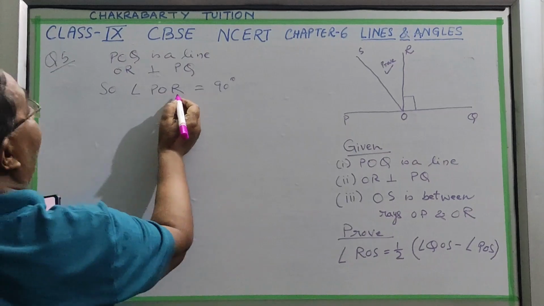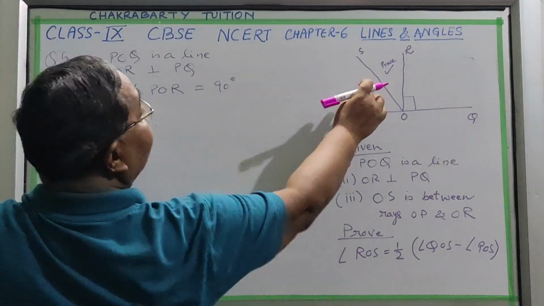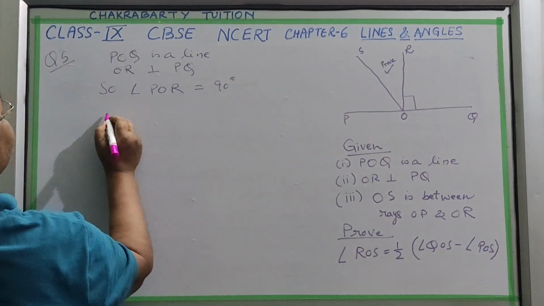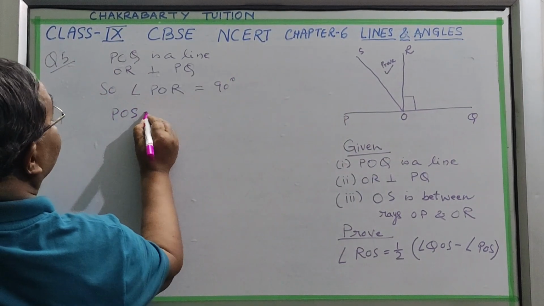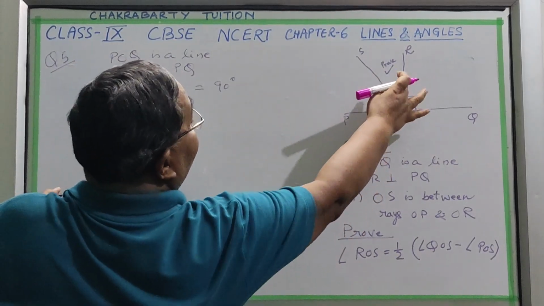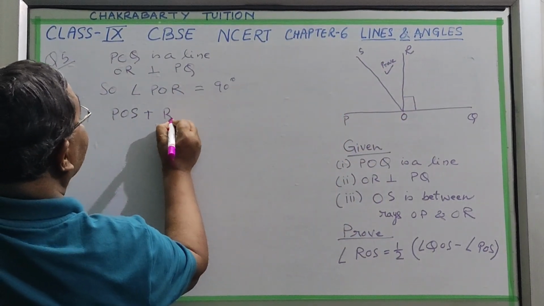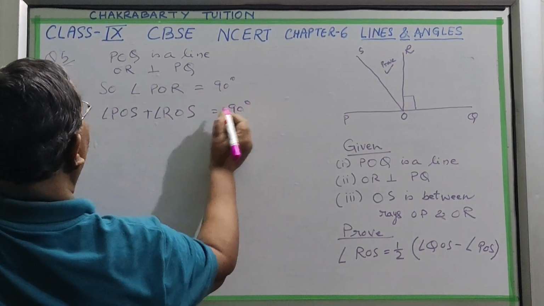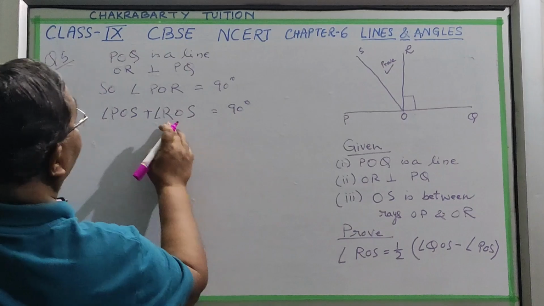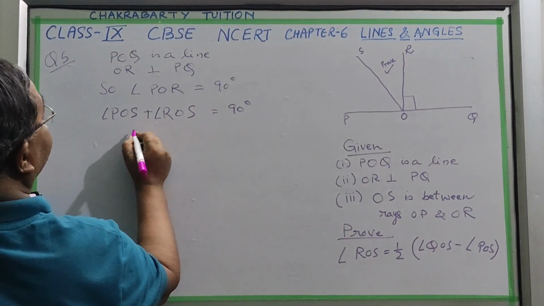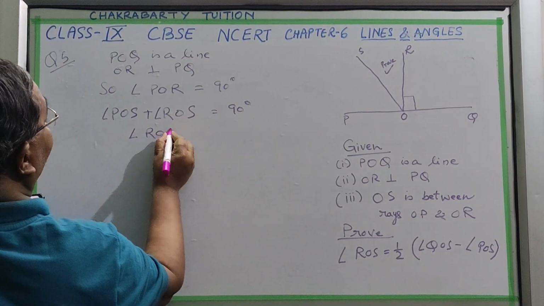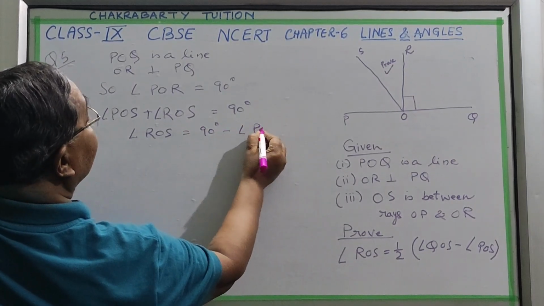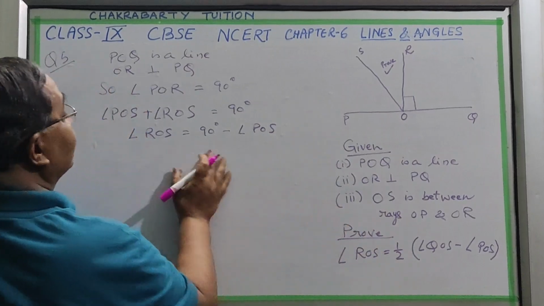And POR is made of POS plus ROS, so angle POS plus angle ROS equal to 90 degree. ROS we have to find out, so we will take ROS here and transpose the other. Angle ROS equal to 90 degree minus angle POS. Okay, one side is over.